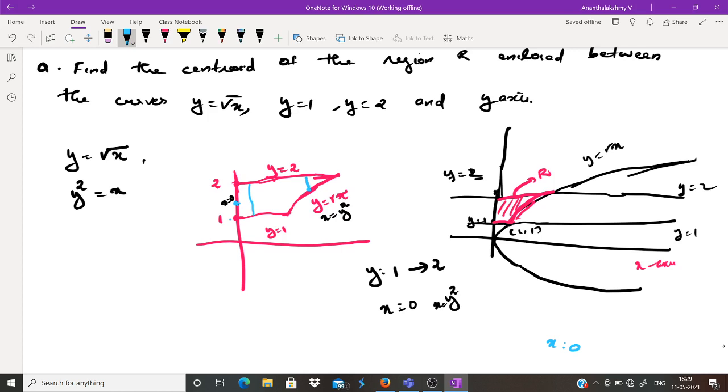So you have to write this as area 1 and area 2, and add these two areas. So this is somewhat difficult. Instead of taking a vertical strip, you take a horizontal strip.